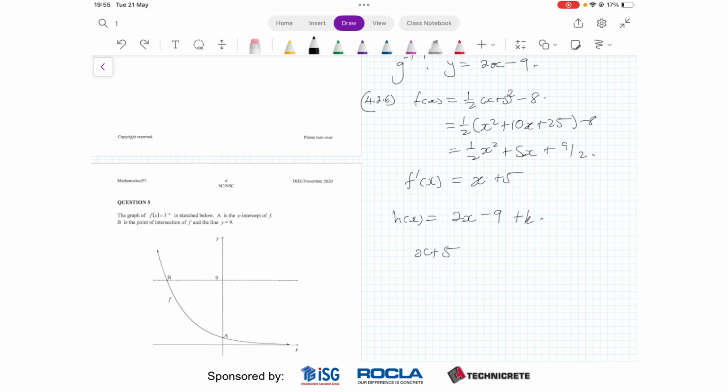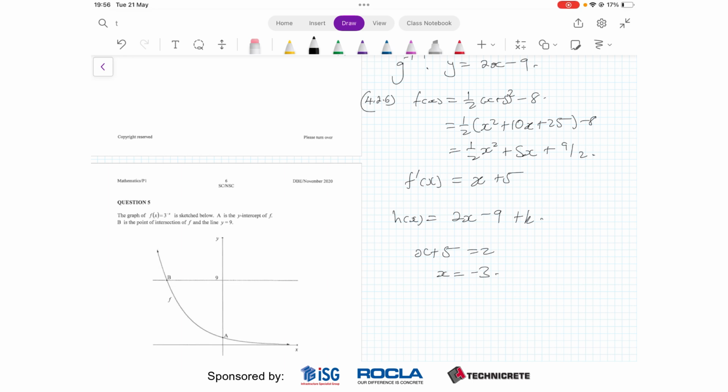It doesn't give you the equation of the tangent, but it gives you the gradient of the tangent. And the gradient of this tangent is 2. Therefore, x plus 5 equals 2. x equals minus 3.